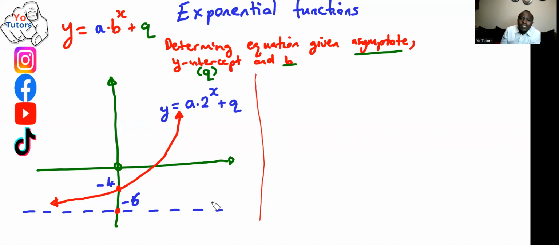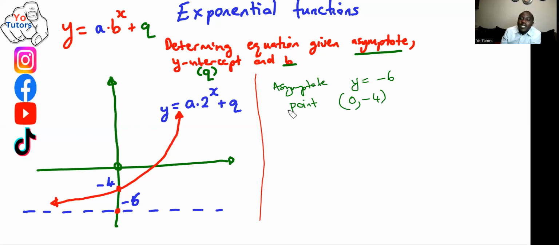What is given to us is the asymptote, y equals -6, then a point, which is the y-intercept, 0 and -4.